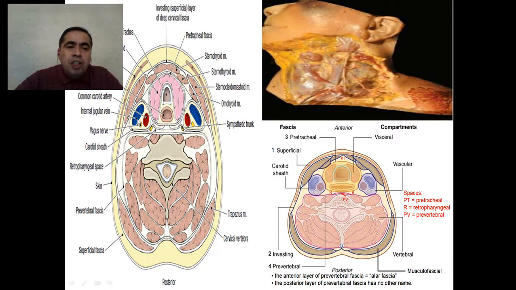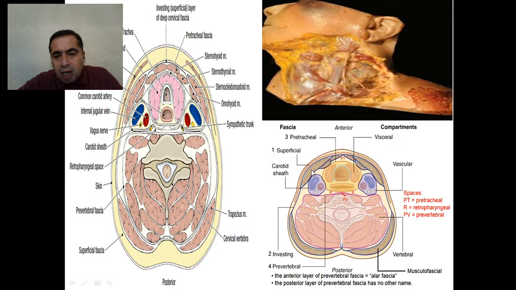sheath for the vascular and the nervous structures of the neck, like the internal jugular vein, common carotid artery, and the vagus nerve. They are together located in the carotid sheath.